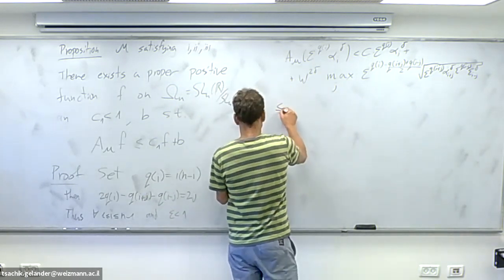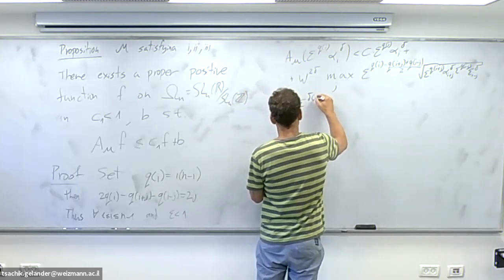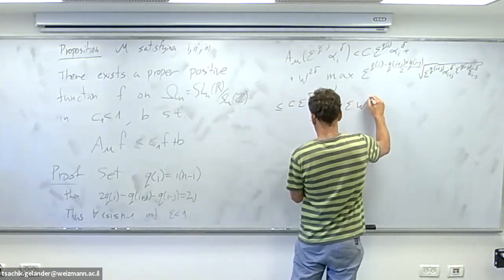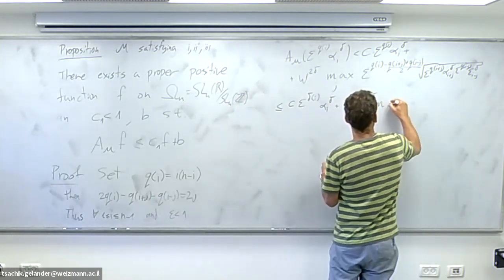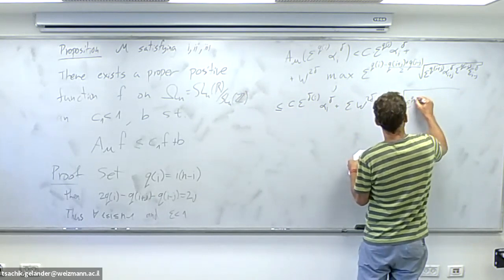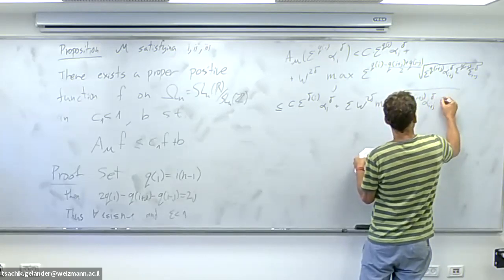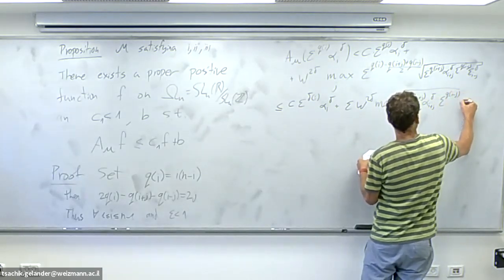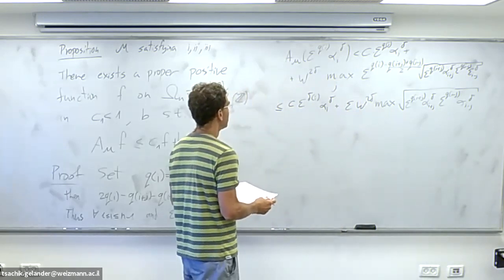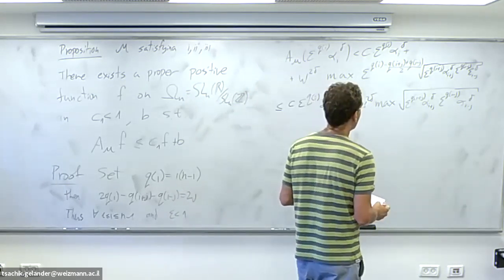Okay. And then it's smaller than C epsilon to the Q I alpha I delta plus epsilon omega delta, maximum over J of epsilon Q I J alpha I J delta, epsilon I J alpha I J. Epsilon to the Q, and here it's alpha I minus J. Here it's alpha.